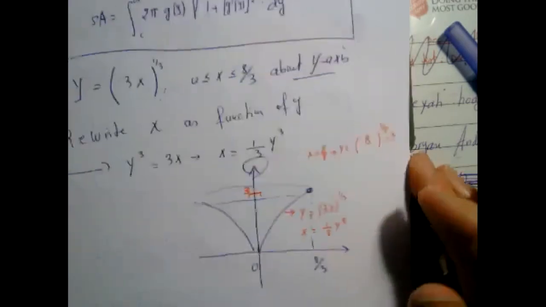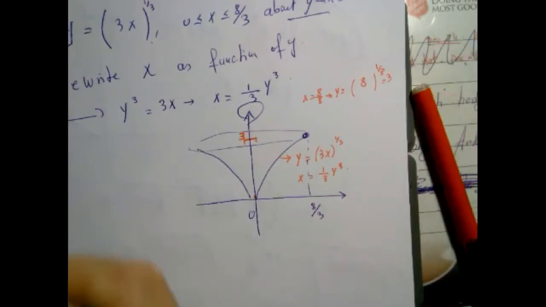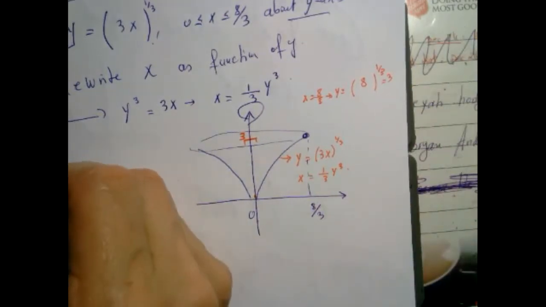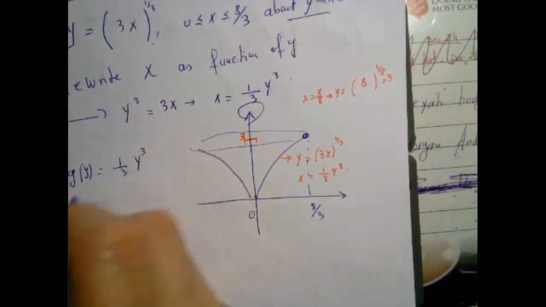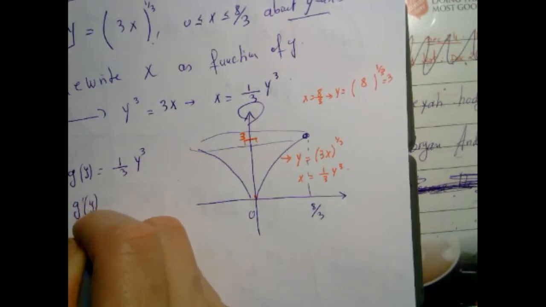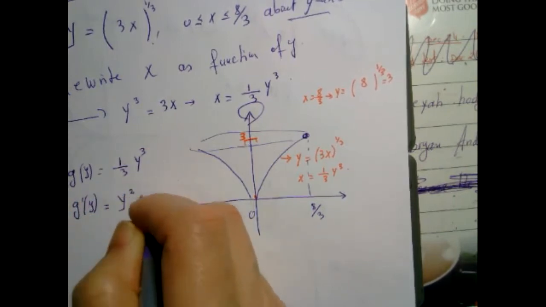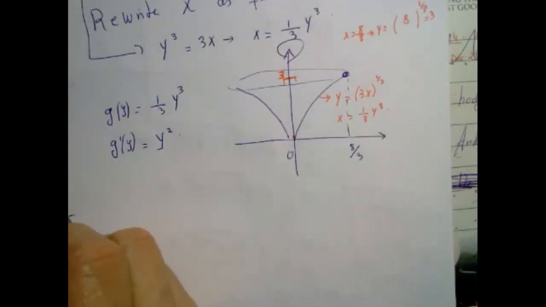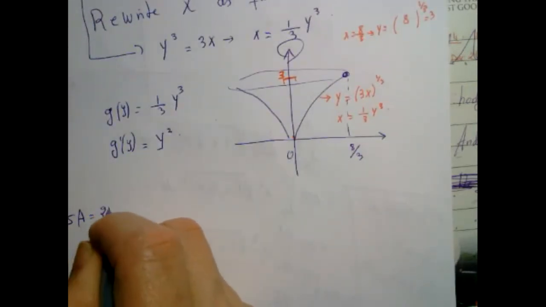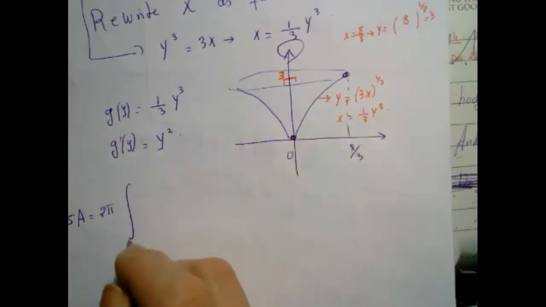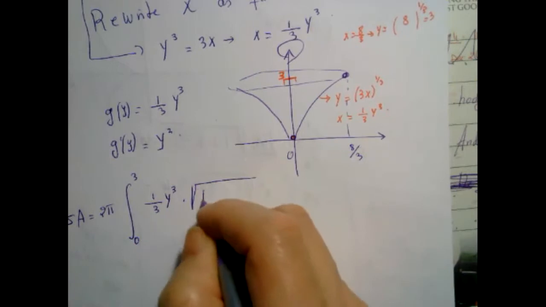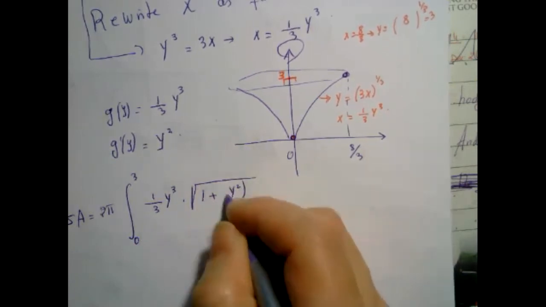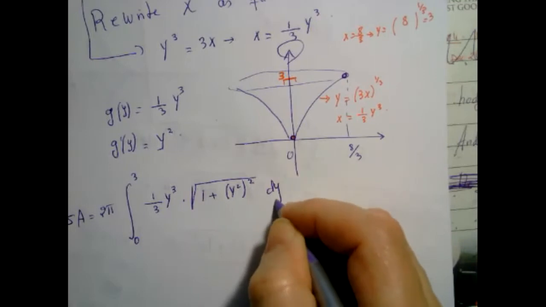And then the formula will become, so now this is my g of y, 1/3 y to the power 3. So the derivative, now everything is in terms of y, will become y squared. And the surface area will become 2 pi integral from 0 to 3 of g of y, square root of 1 plus the derivative squared, dy.